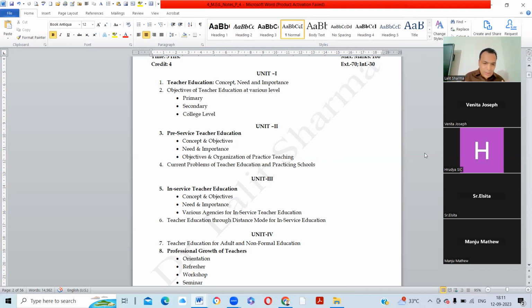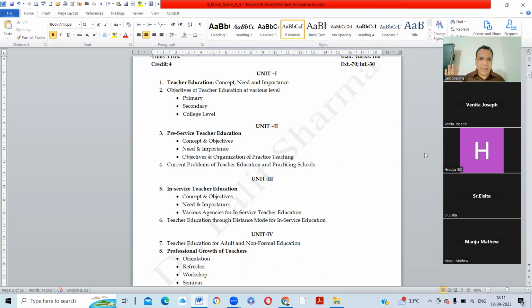So guys, I think three or four topics are important in this syllabus. Number one is teacher education. Second is in-service teacher education. Third is pre-service teacher education. And fourth is professional growth of the teachers.